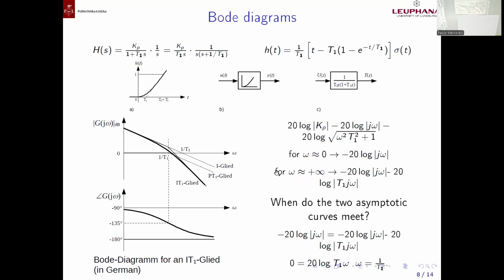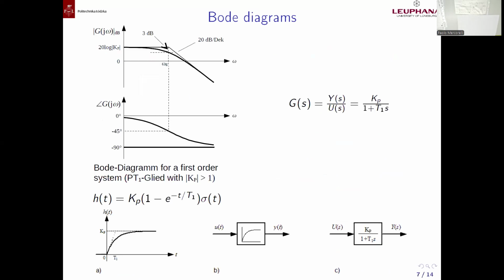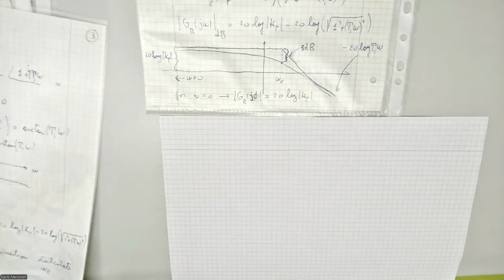Let me see if I have it here. You don't need to calculate, but just to understand. No, I don't have it. I didn't calculate it, but it's easy to do. Let me see to fix it for you.